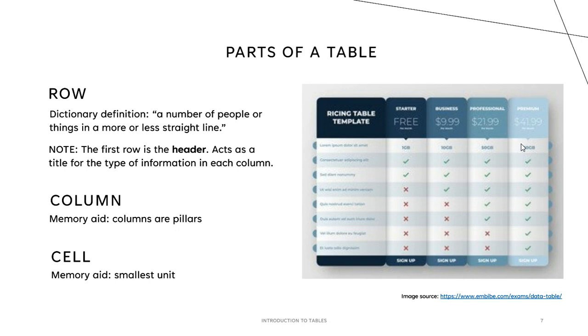And a little memory aid, because sometimes you might confuse the row and the column: to tell them apart, you can think of the column as a pillar, something that is standing like a pillar. That could serve as a little memory aid to help us tell apart the row from the column and not get the two of them mixed up.